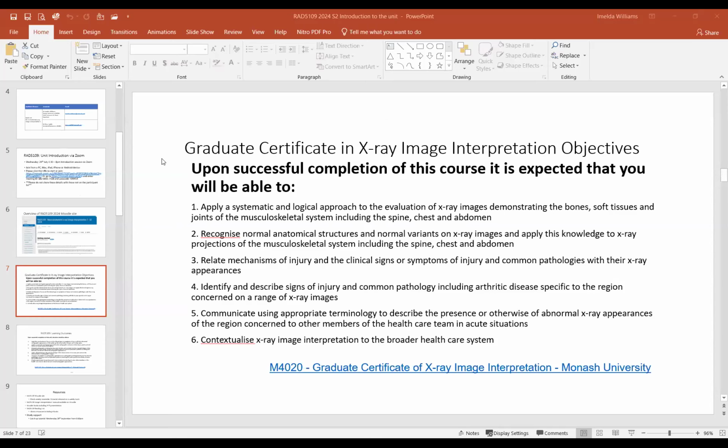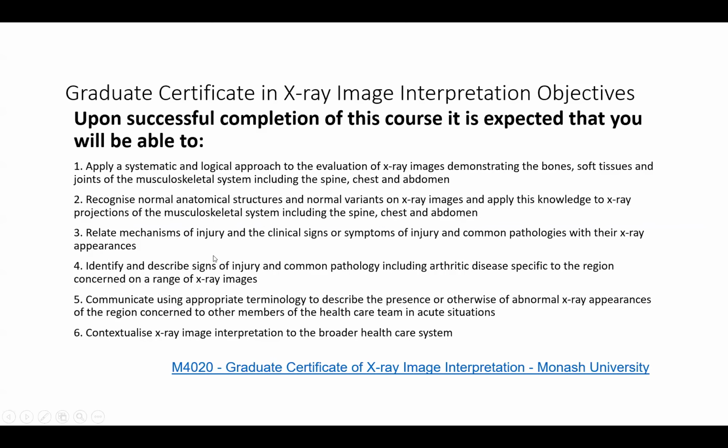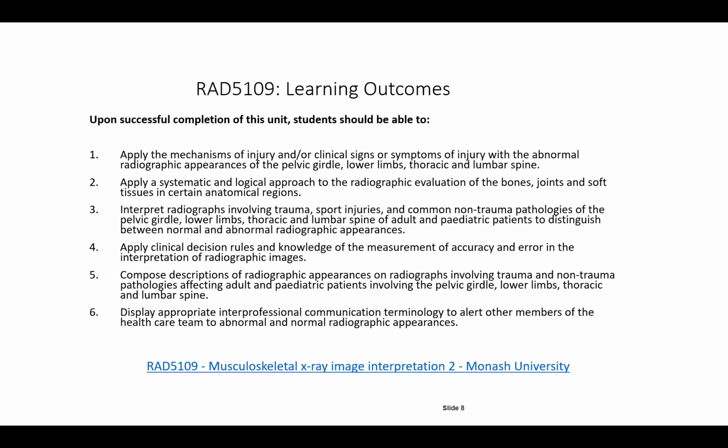So as you are aware, this unit forms part of the grad cert in image interpretation, which is mainly focusing on trauma, but also some of the common pathologies. And there's a link to the grad cert if you want to get back to that. And then for 5109, there's a direct link as well to the handbook. So this unit is mainly concerned with the pelvis and lower limbs and the thoracic and the lumbar spine, and we will be looking at adult and pediatric patients.